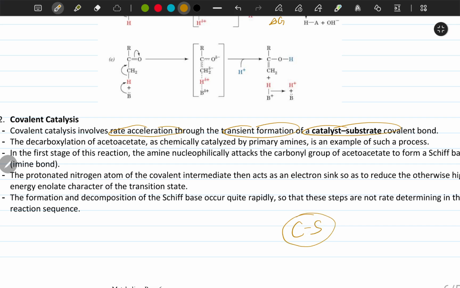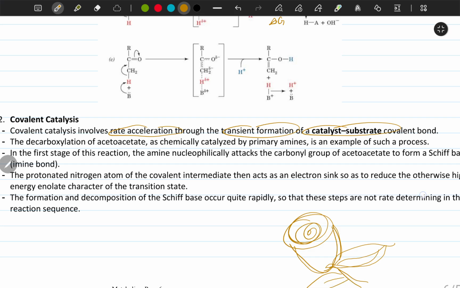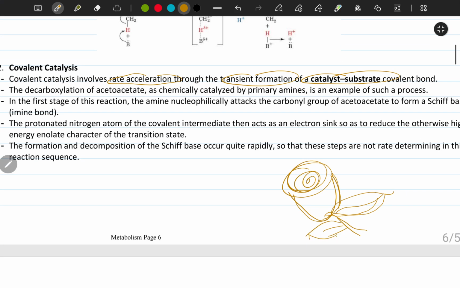Because the transition state is a transient state, there is an acceleration, and it is done by a covalent bond. The decarboxylation of acetoacetate, which is chemically catalyzed by primary amines, is an example of such a process.